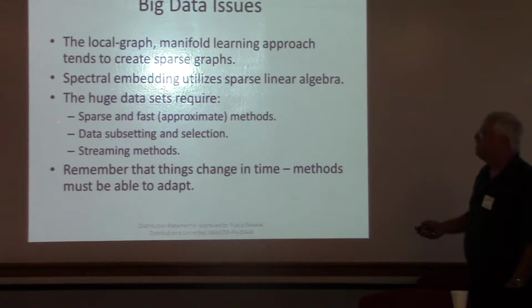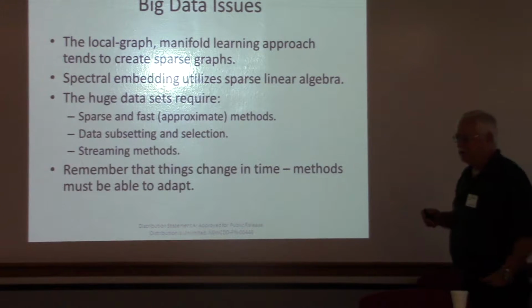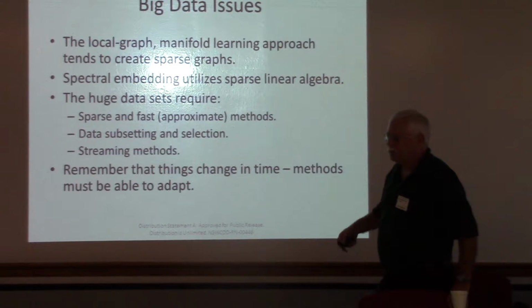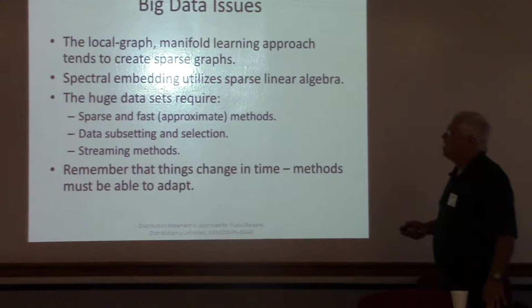For really, really large data sets, you need approximate methods. You don't have to have the eigenvectors perfectly. You can get approximate versions of it. My colleagues at Hopkins have used these approaches on one of these friendship graphs from I forget who, but I think it was on the order of 4 billion nodes.